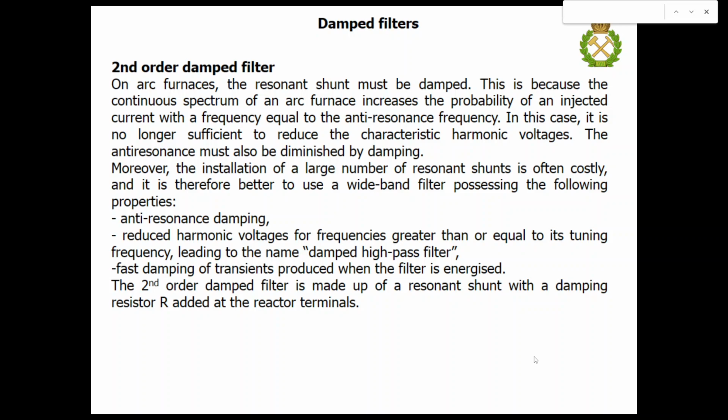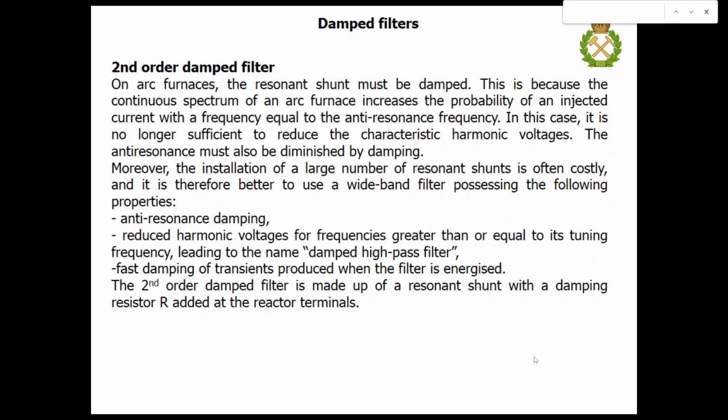For example, the second order damped filter. It is a more complicated topology, which is also intended to eliminate harmonics. Also, they have the following properties: anti-resonance damping, reduced harmonic voltages, and fast damping of transients produced when the filter is energized.